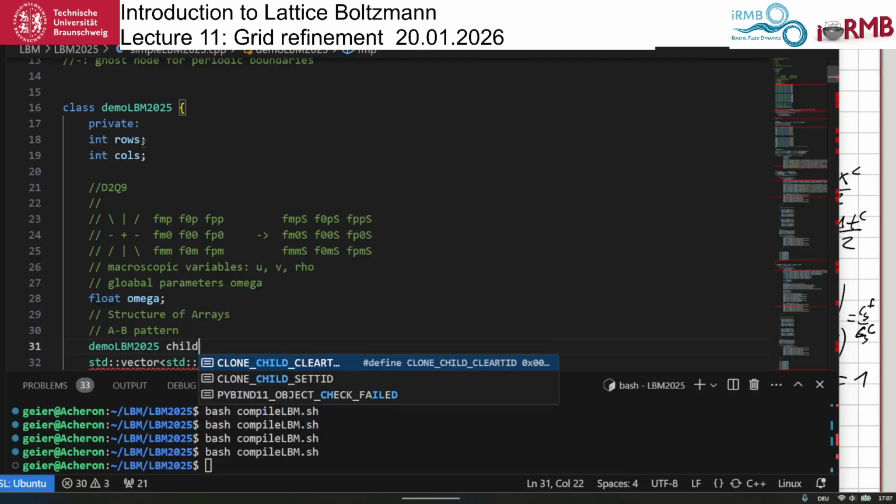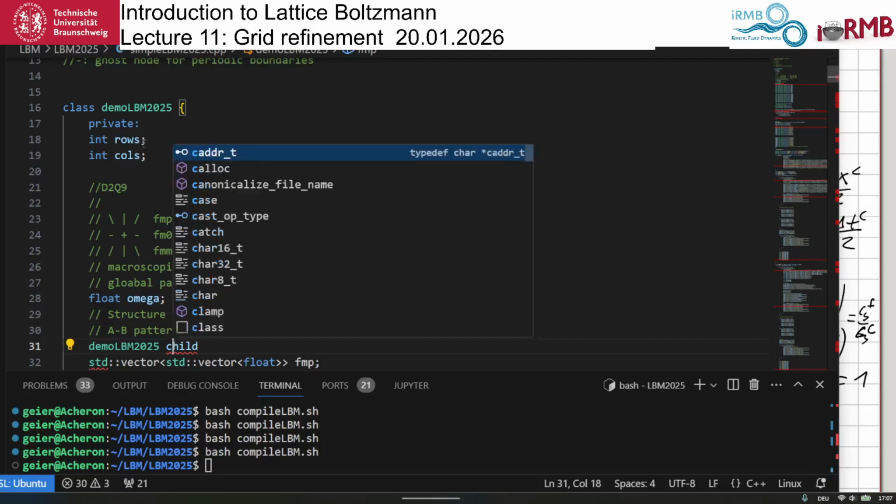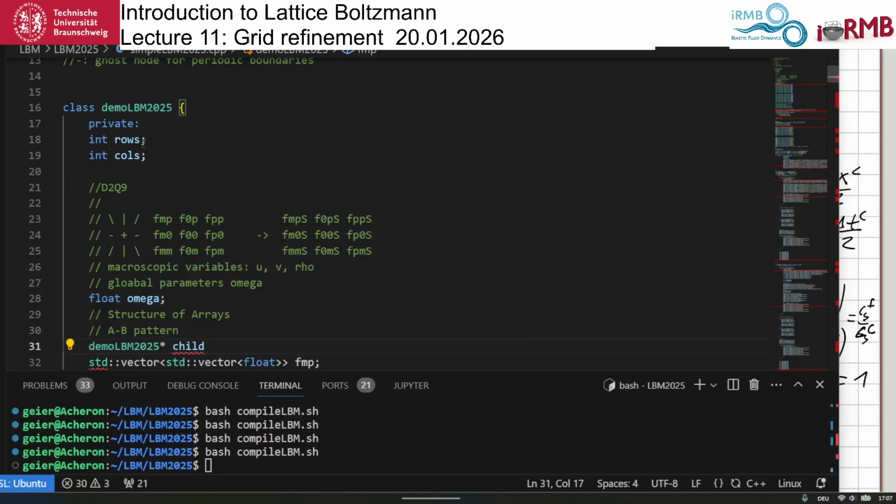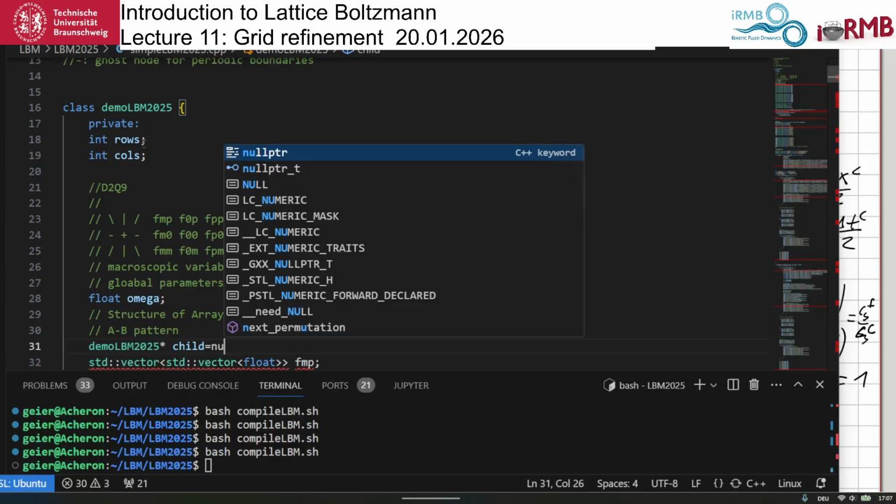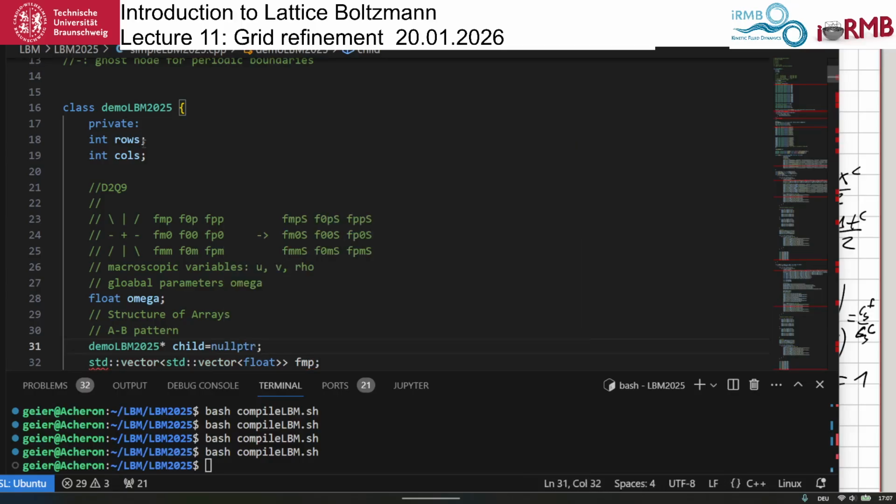And we call this, for example, child, because this is the child of this grid. No, that wouldn't work. We need a pointer. And I think we can set this to the null pointer initially, right? So this is what we would need.